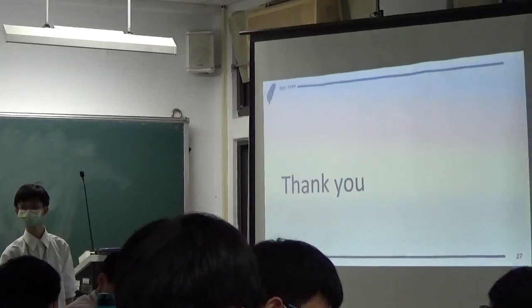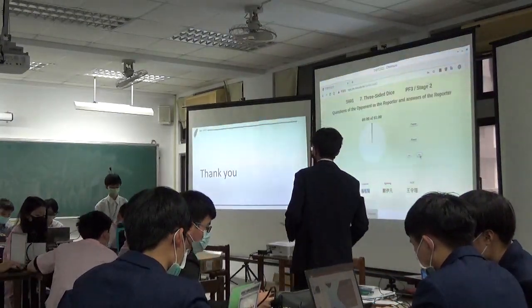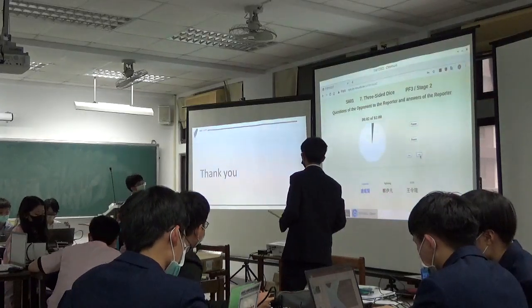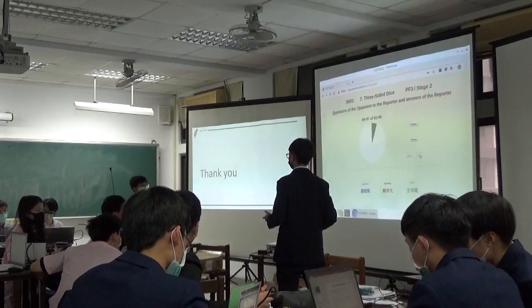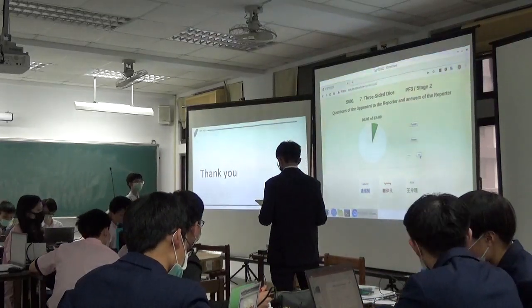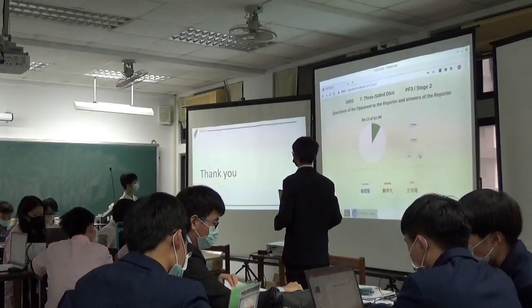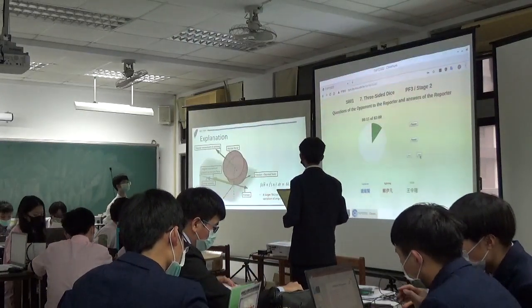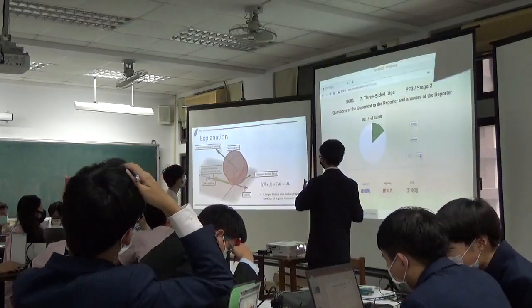Questions of the opponent to the reporter and answers of the reporter, 2 minutes. So my first question is, so you don't think that there's a perfect dice in reality? Yeah. Please turn to page 25. Here's the formula for it. Could you tell me the meaning of it?